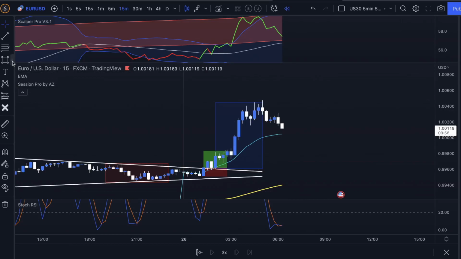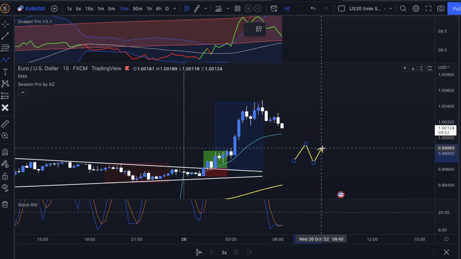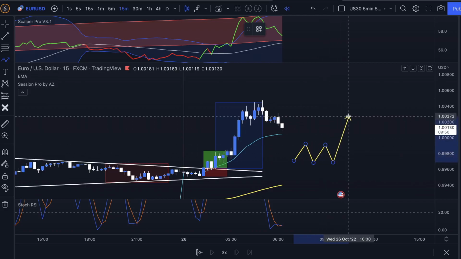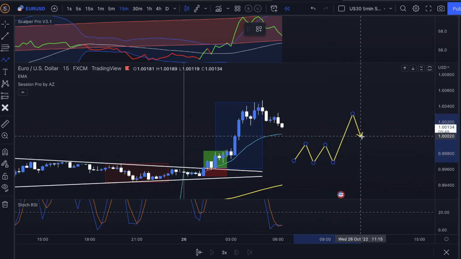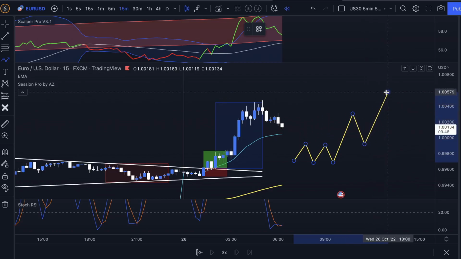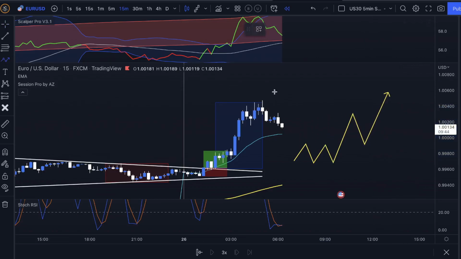Those are the only three things markets do. They either range, they break out and pull back and continue, or they break out, pull back and reverse and continue with the reversal.